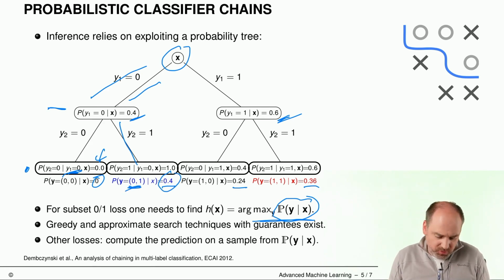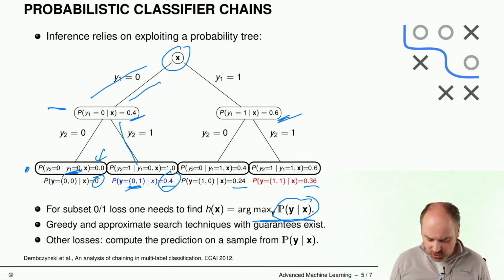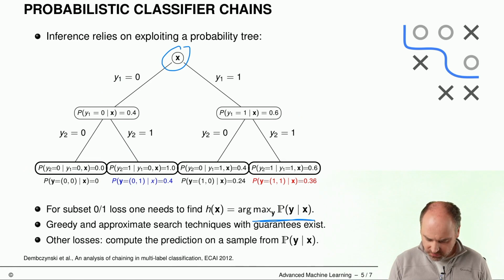And we can compute also other marginal distributions or even conditional things regarding the labels by exploiting the structure of this probability tree, which is quite nice. This is also a pretty nice model agnostic technique. I usually like these things because you can build on top of stuff that's already there.